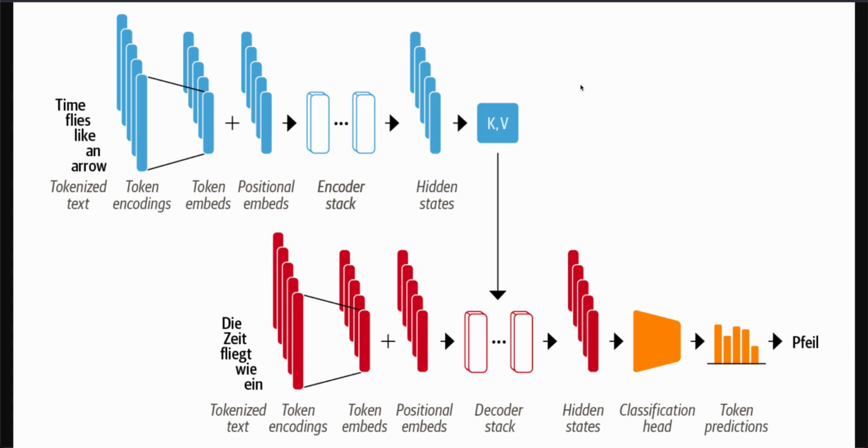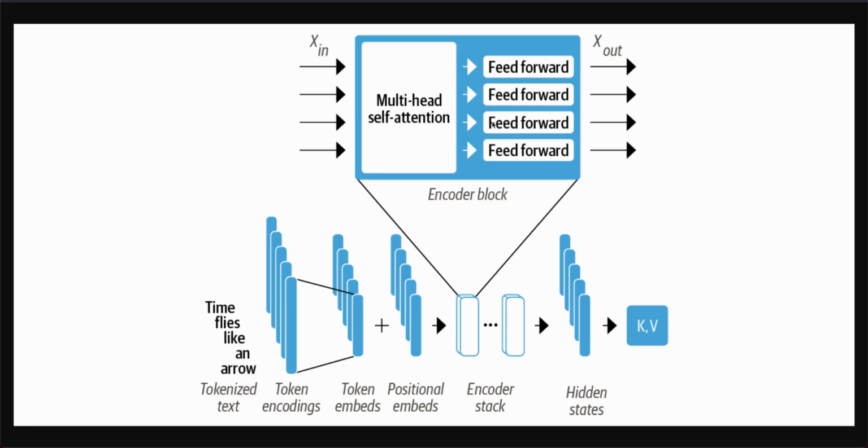Let's now look at the encoder and the encoder stack. Inside of the encoder stack, what we have is something called multi-head self-attention and feed-forward layers. It captures the semantic understanding of the sentence, and the self-attention mechanism is what makes that possible.